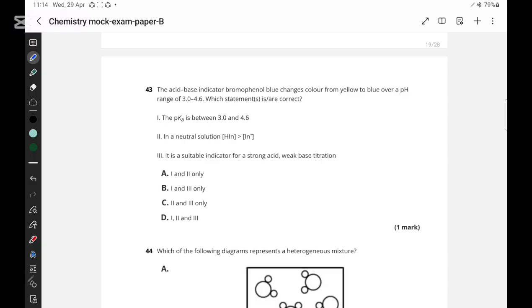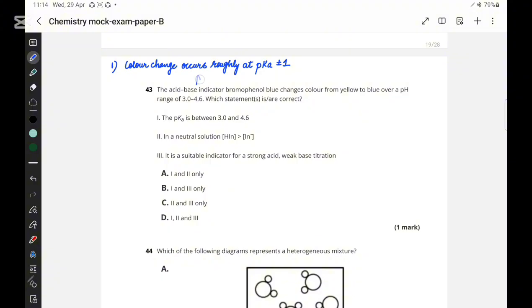Which statement is correct? The pKa is between 3 and 4.6. First, let's see statement 1. For statement 1, we must know one thing, that color change occurs roughly at pKa plus minus 1.